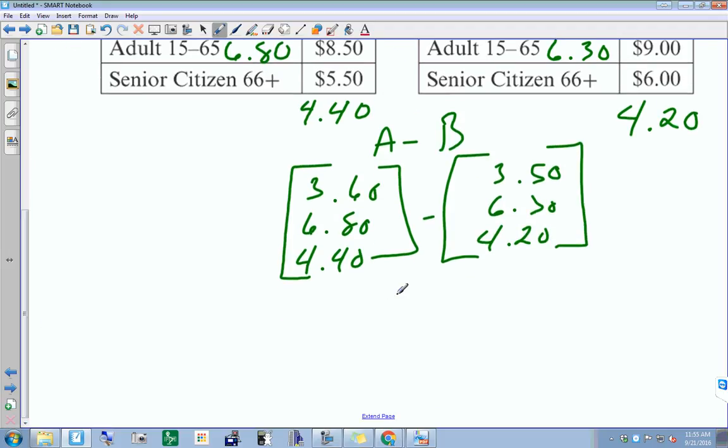So if I go through and subtract that, what do I get? Well, that first one's 10 cents, right? The next one is 50 cents. And the last one is 20 cents. So, even if I go and take a look at it, what's the better deal?